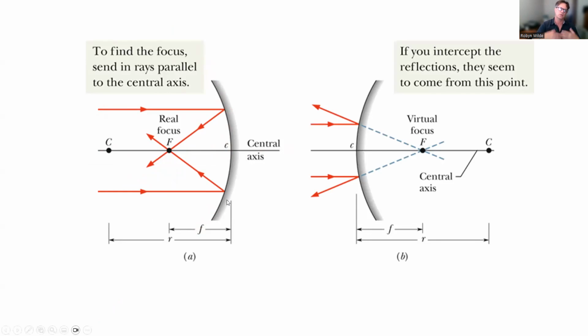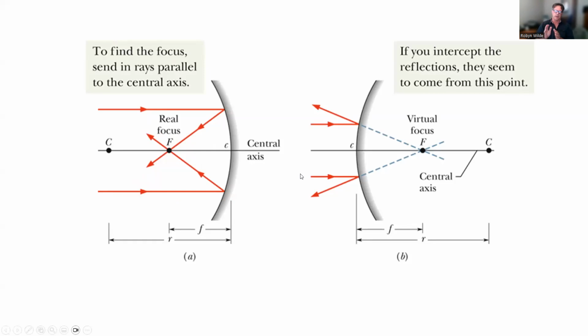And sometimes when we do the mathematics, we say it has a positive focal point. But you can see these parallel rays come through the focal point. And if we do some calculations using the law of reflection, it turns out that the focal point is 1/2 the radius of curvature.